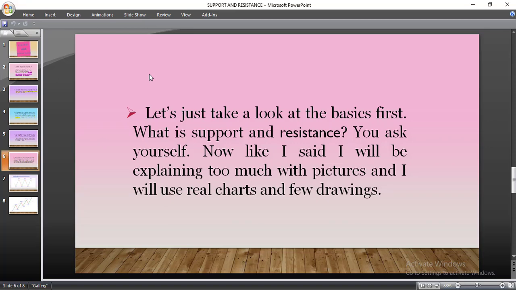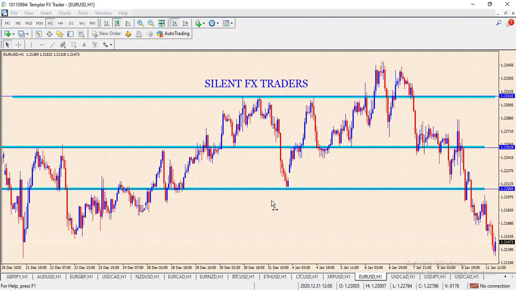But what is support and resistance? You will ask yourself. Now, like I said, I'll be explaining too much with pictures and use real charts and a few drawings. Like I have been explaining to you, I was trying to use some of my real charts to show you how to spot support and resistance levels.